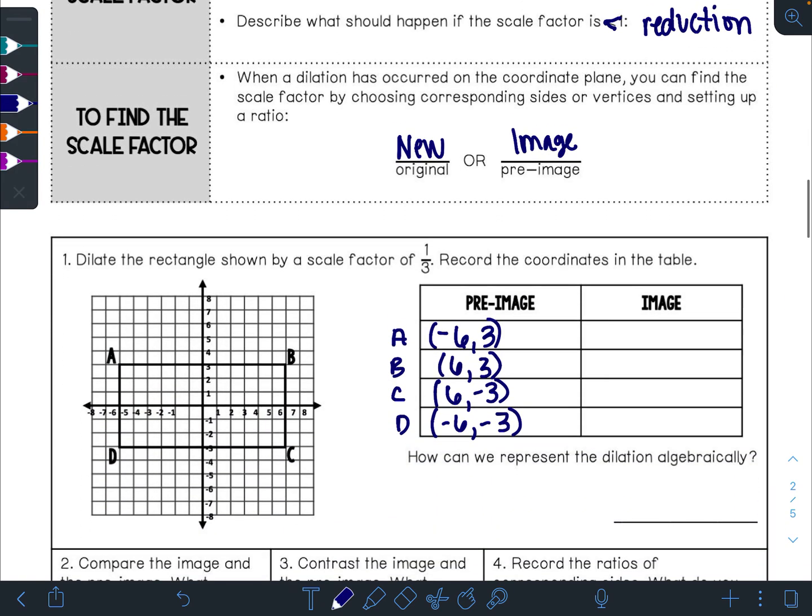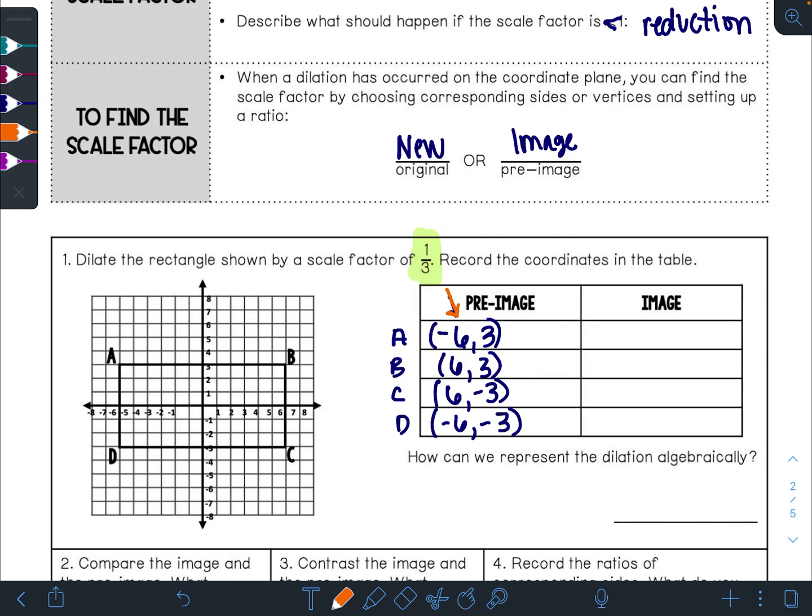If they give me my scale factor, and in this case they gave us the scale factor, I went ahead and wrote the points in here for you, so we're not sitting there looking for points forever. I'm basically going to take each one of my ordered pairs and multiply it by the scale factor. So in a sense, I'm doing -6 times 1/3.